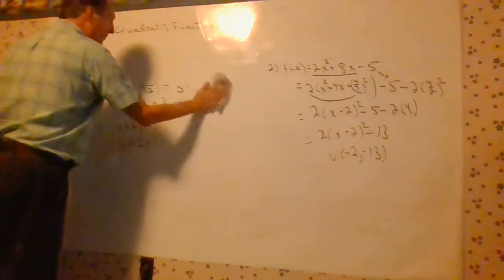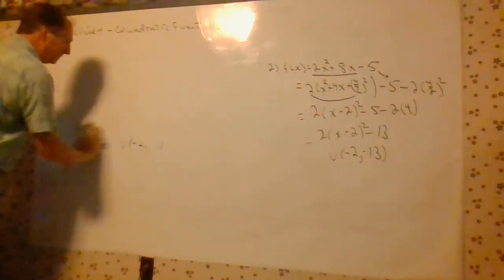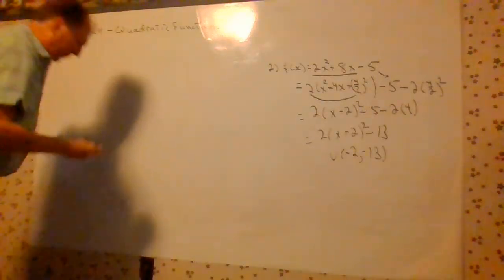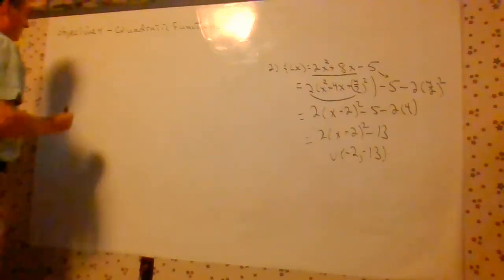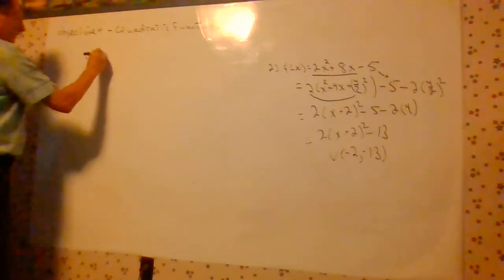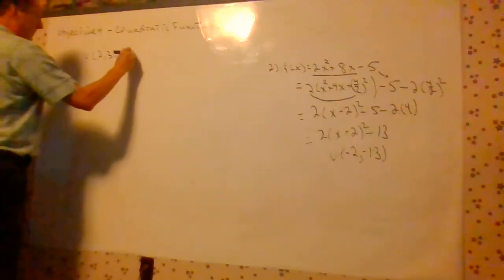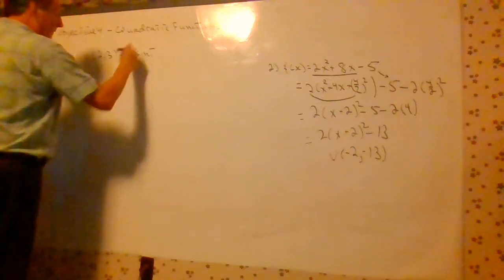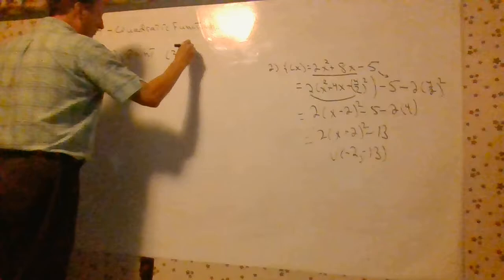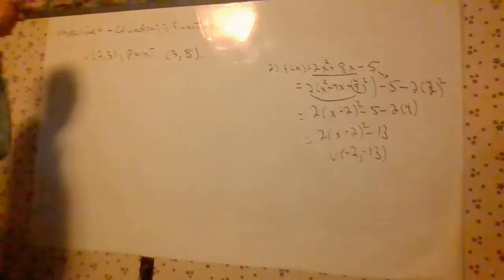Second type of problem we consider. Suppose we have a couple points. Suppose we have a vertex 2, 3 and a point 3, 8.